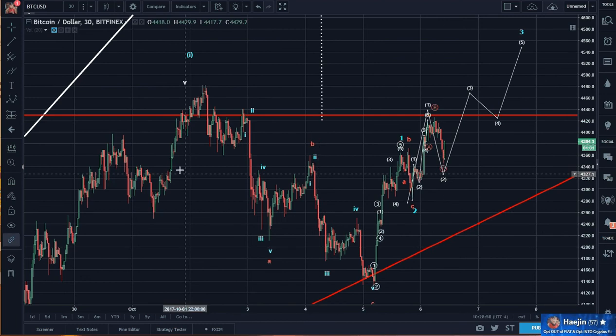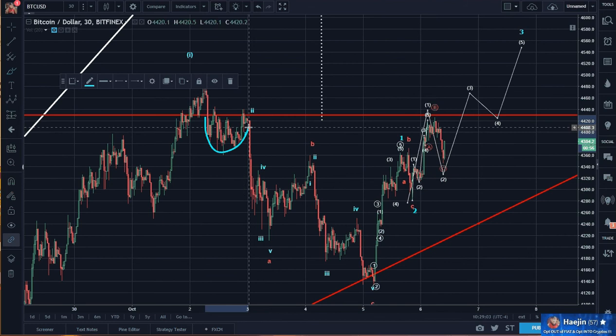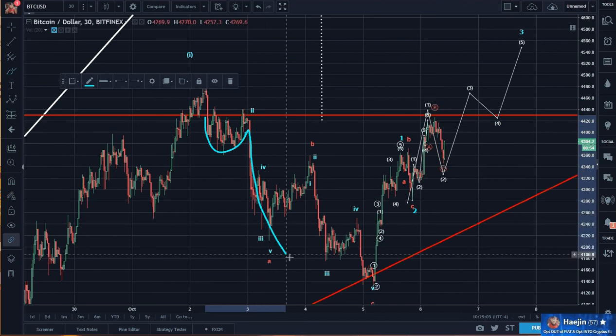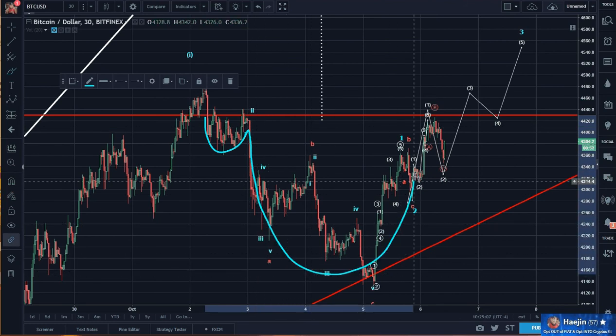So what I'm drawing out here is the left shoulder, head, or an inverted head and shoulders, and then right shoulder.